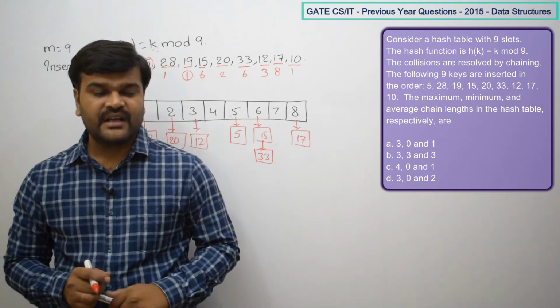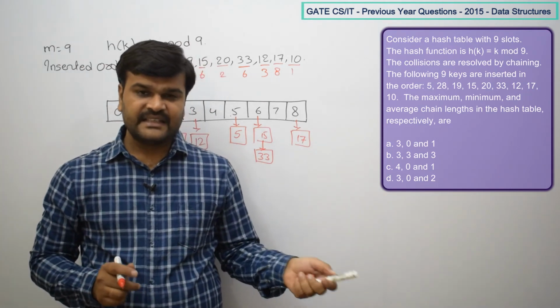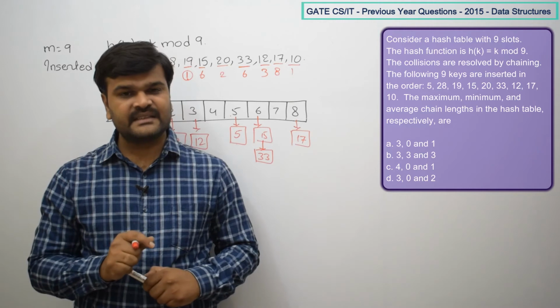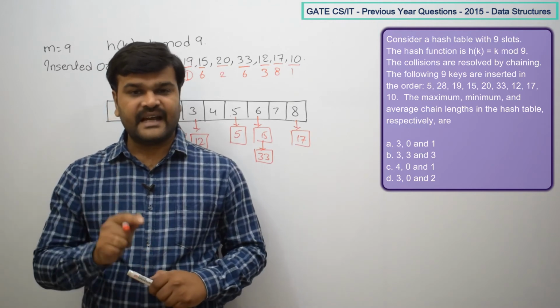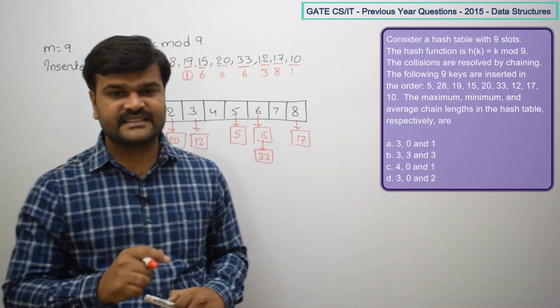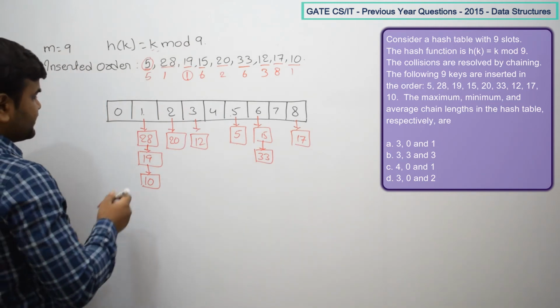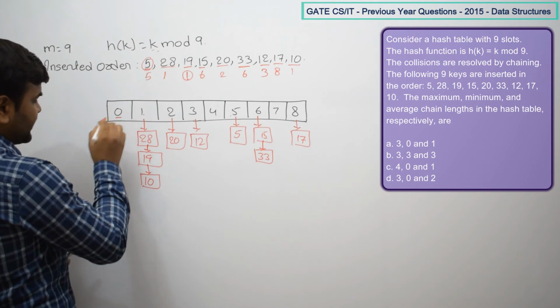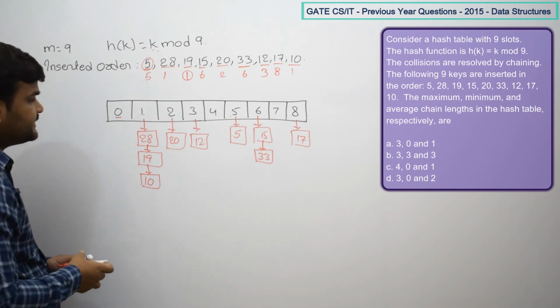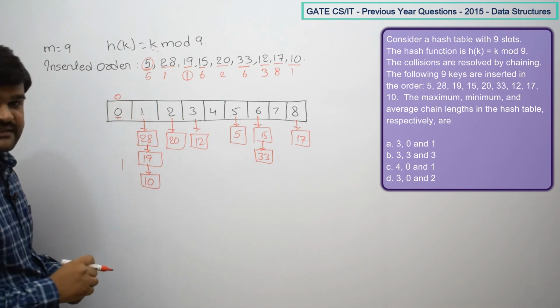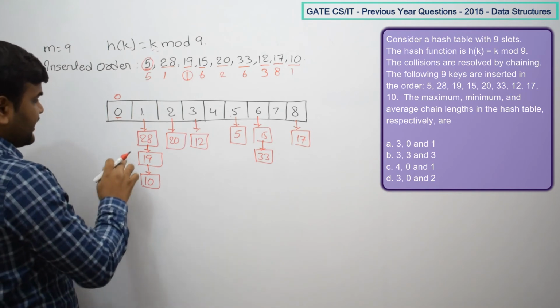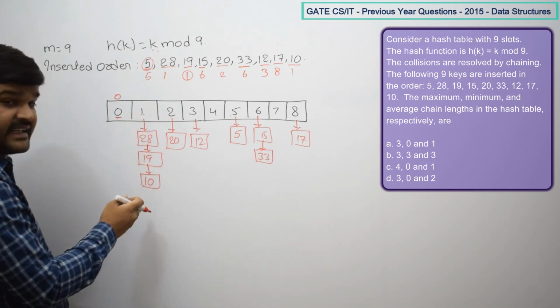Now the question asks for the minimum chain length, maximum chain length and average chain length in this hash table. First, the minimum chain length. At the 0th location, what is the chain length? 0 only, there is no element. At the first location, the chain length is 3 elements.